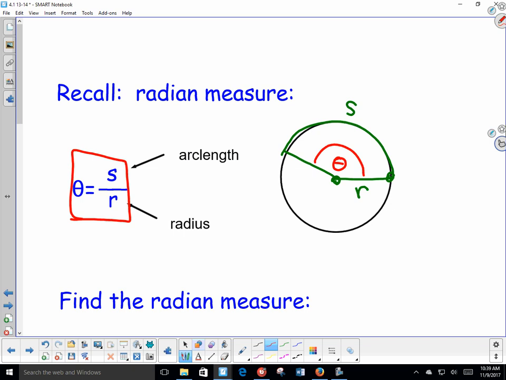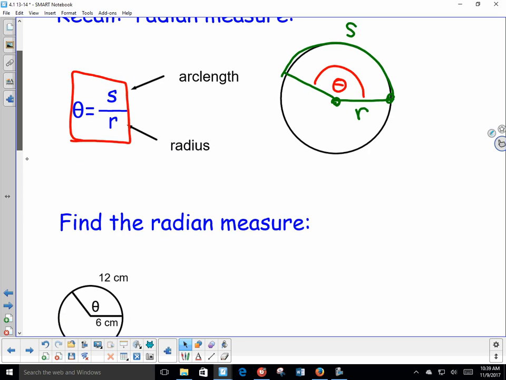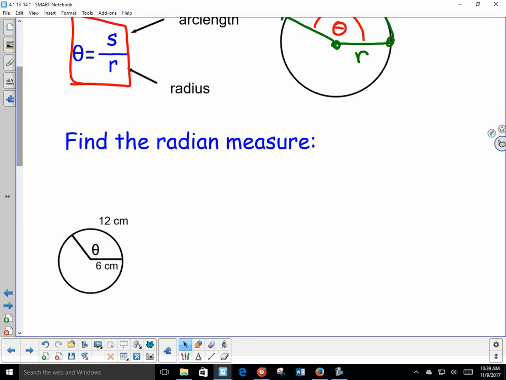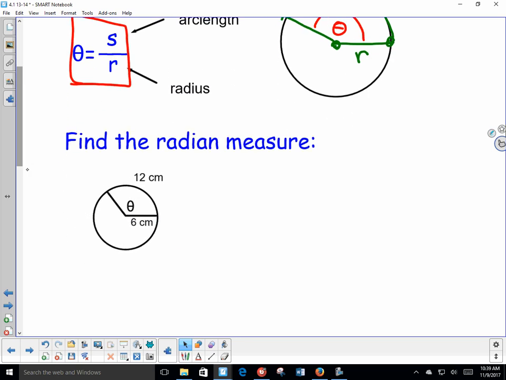This is our formula that relates theta, S, and R. So in this example, we're trying to find the radian measure for this angle theta. If we're using theta equals S over R, tell me what am I going to plug in for what?